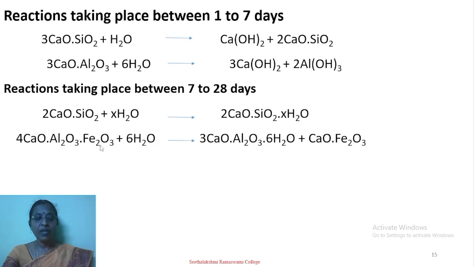Calcium aluminoferrite absorbs water to produce tricalcium aluminate and calcium ferrite. This hydrated colloidal gel of tricalcium aluminate starts to evaporate to produce a hard mass. Thus, cement sets to a hard mass.